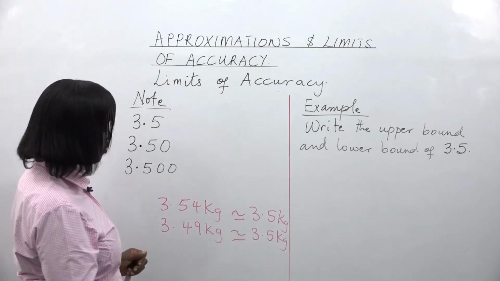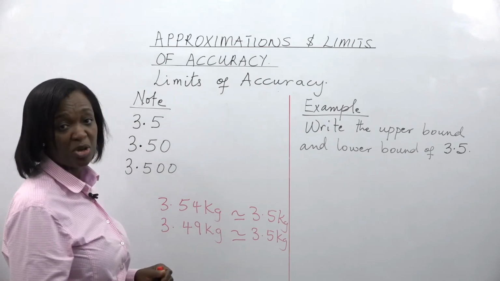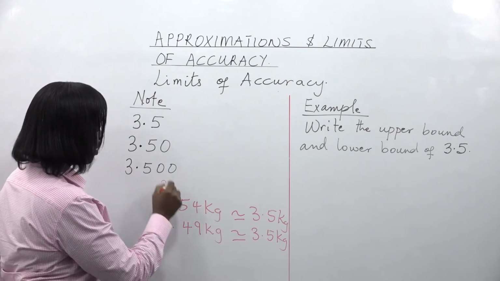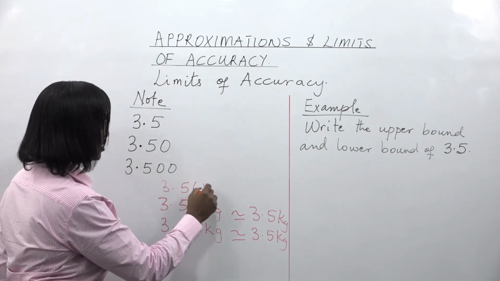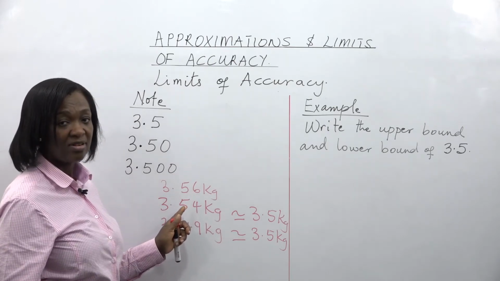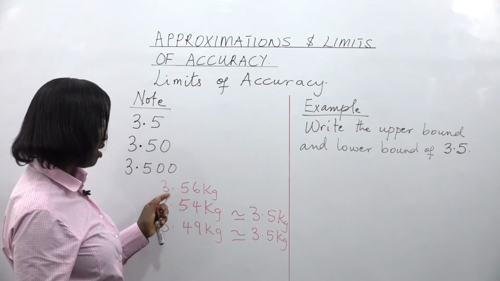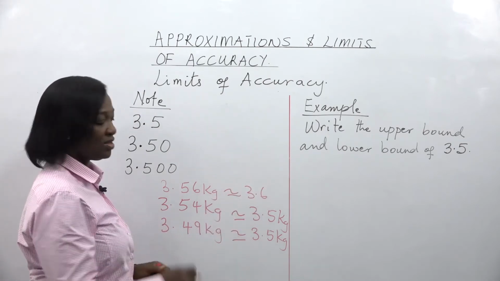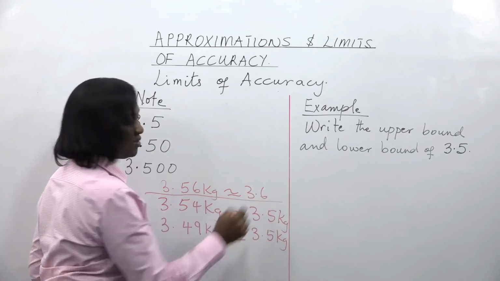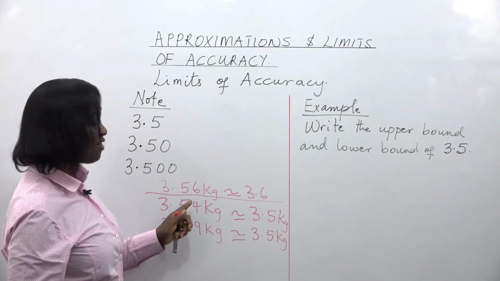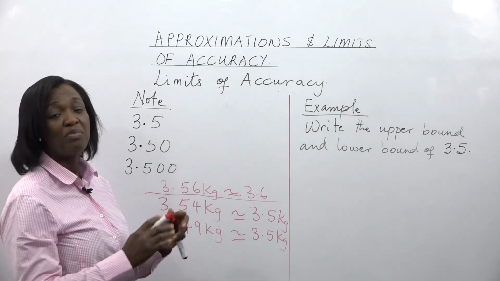So for this particular weight, 3.5, if another baby weighs 3.56 kilograms, would that round to 3.5? No. This would round to 3.6. So that is out. Anything higher than 3.54 would not be part of that bracket.